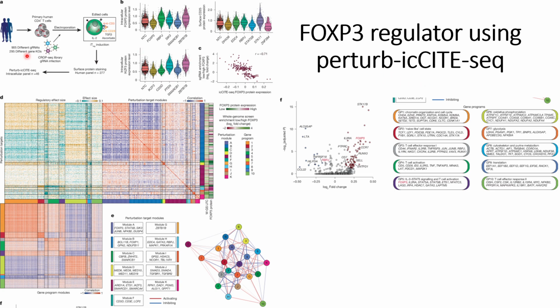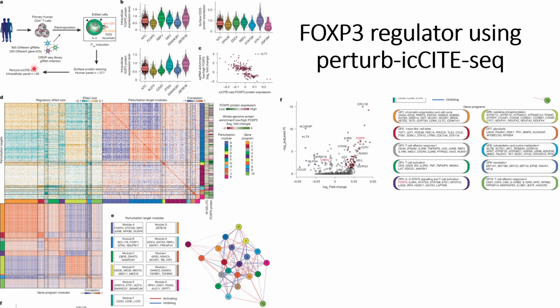perturb-icCITE-seq. They took primary T cells, that is CD4 plus T cells, and transduced them with 905 different guide RNAs, which target 295 different gene knockouts.